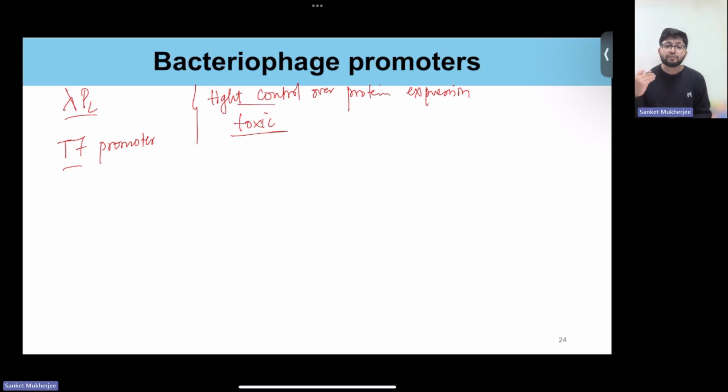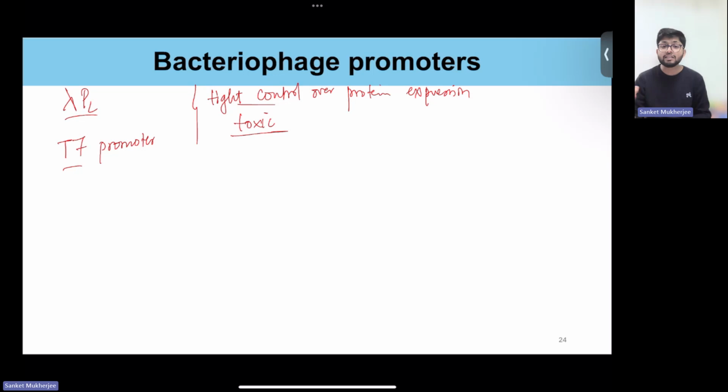But when we induce a cell, we induce it at a later stage of growth, let's say at 0.8 OD. There we sufficiently have a number of cells, and together they will synthesize protein, which will definitely cause a little bit of low or stunted growth of cells.